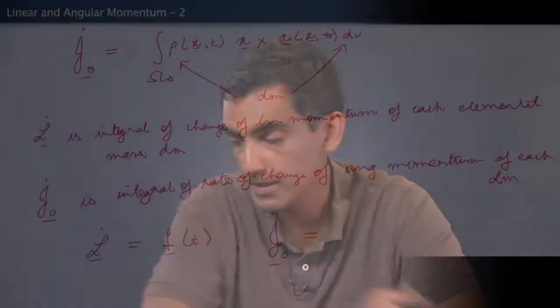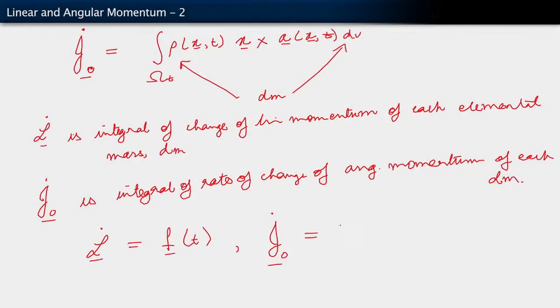In this case, we cannot quite write J naught dot as a simple cross product of the position vector and the force, simply because the body has its mass distributed. So it's not quite as simple as that. Instead, let us just say that it is equal to the resulting moment, M naught. So this is the moment.